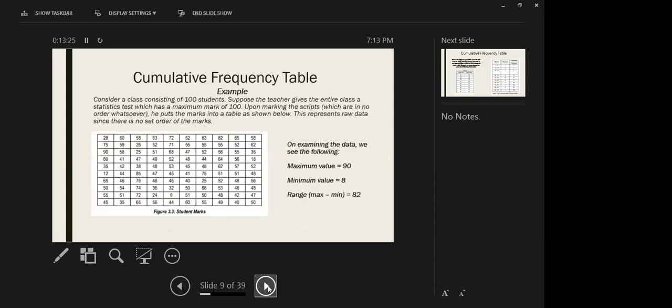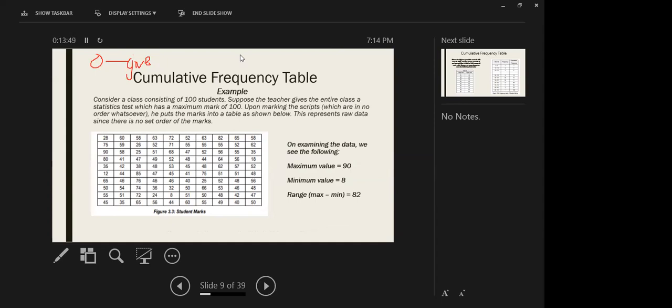All right, so now let's talk about what is called the cumulative frequency table, the one that you will use to construct what is called the Ogive curve. We are going to talk more about it when we delve deeper into your lectures, but I'm not going to talk about much of it today.